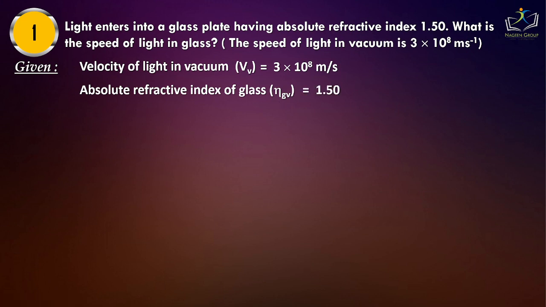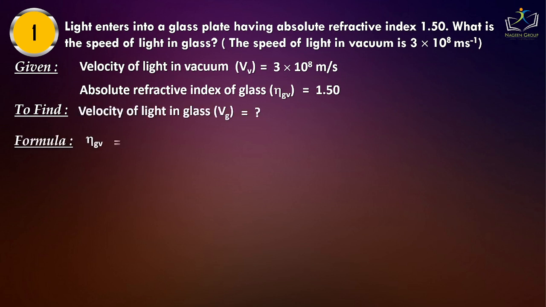We need to find out the speed of light in glass. This is the ratio VV, velocity of light in vacuum, by VG, velocity of light in glass, and this is the refractive index of glass with respect to vacuum. We can say it is the absolute refractive index of glass. So NGV is VV divided by VG.